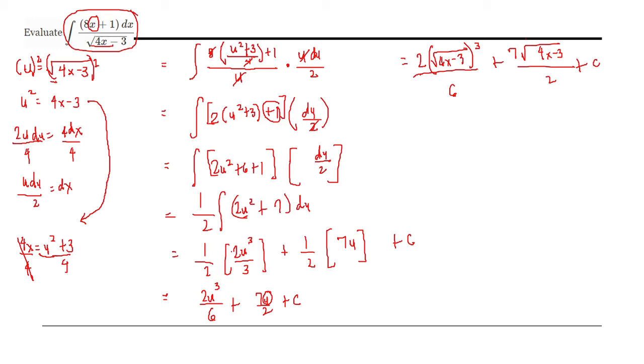So this is 1/3 times 4x minus 3 raised to the power of 3/2, plus 7 over 2 times 4x minus 3, plus c.